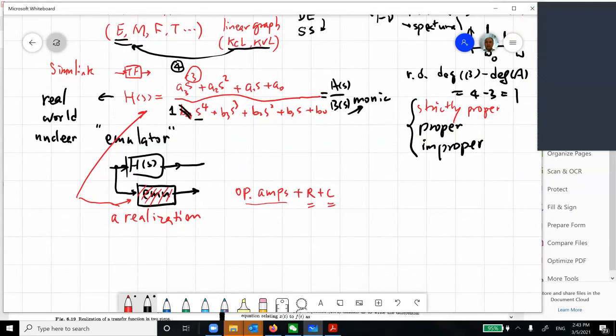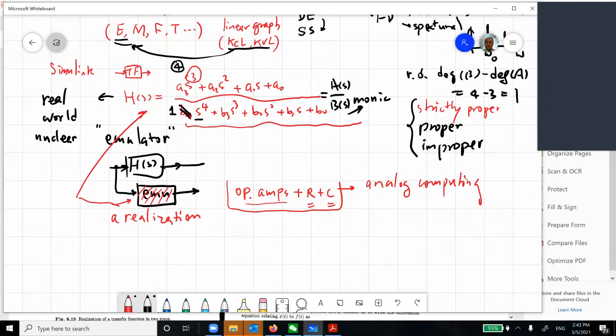This is also called analog computing. Right now, a lot of people know how to do digital computation. That's easy. Today, I'm going to teach you how to do analog computing using op-amps, Rs and Cs.